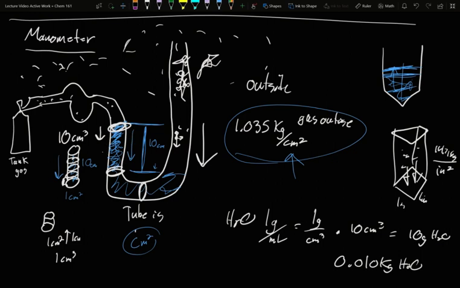That blue arrow, that little bit of extra pressure, we can actually find it. If we know the weight of the water pressing down and the area of the tube, we can find what the pressure it exerts is. 0.010 kilograms per centimeter squared.